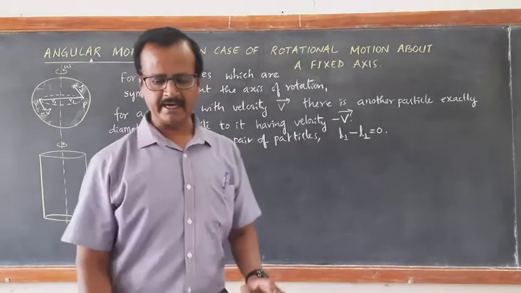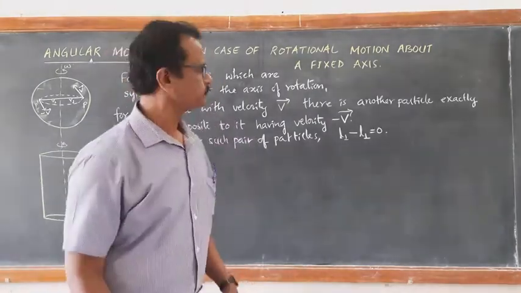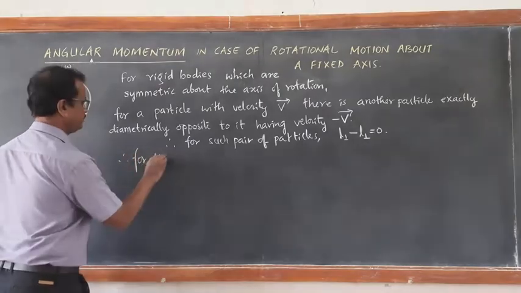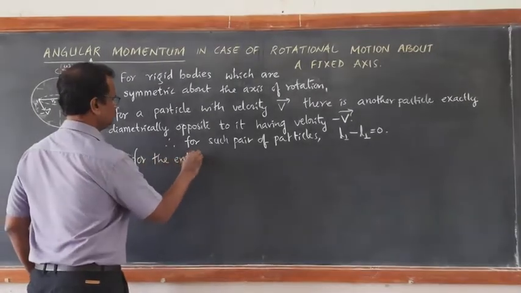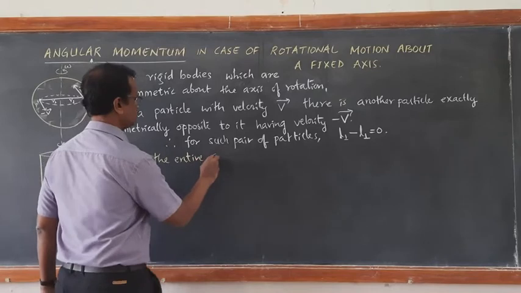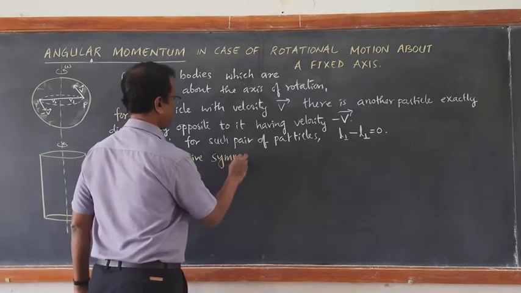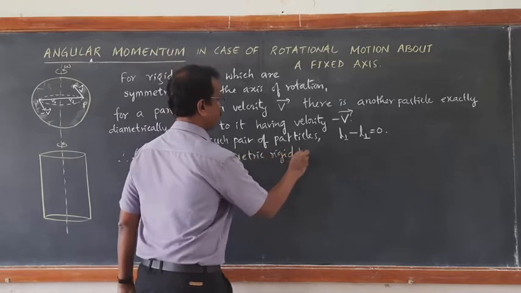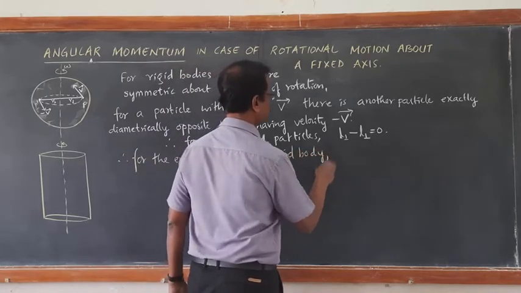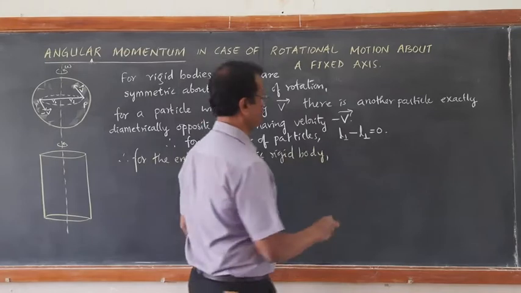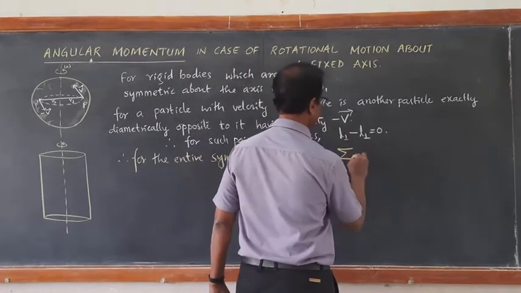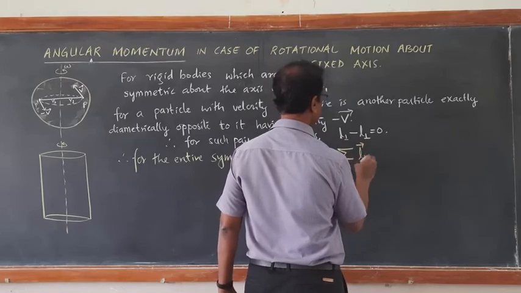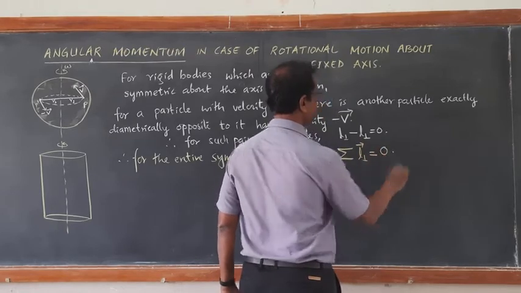As a result, for the entire symmetric rigid body, the summation of all such L perpendiculars, Li perpendiculars, becomes 0.